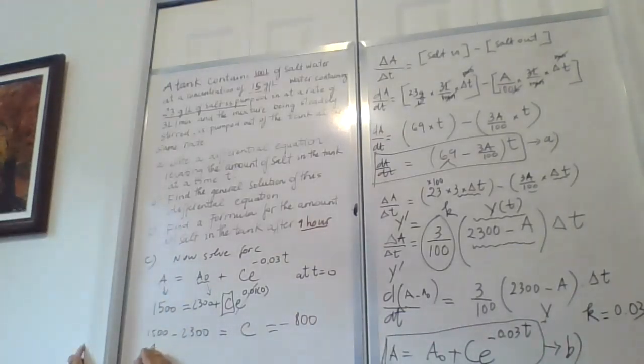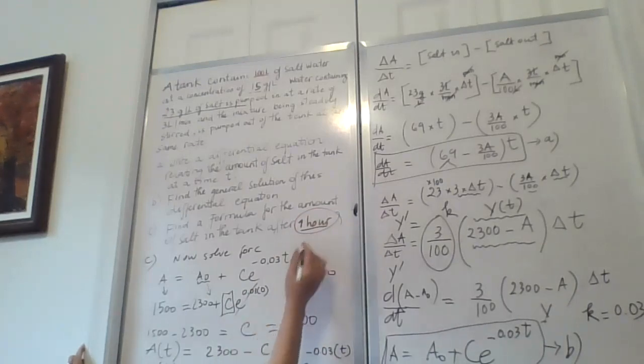So our equation now becomes the original function, the amount of sun equals 2,300 minus C E to the KT, which is the same as 2,300 minus C, which is 800, E to the minus 0.003 times T. So now we want to find out after 1 hour, which is substitute T by 60 minutes, because 1 hour is 60 minutes, right?